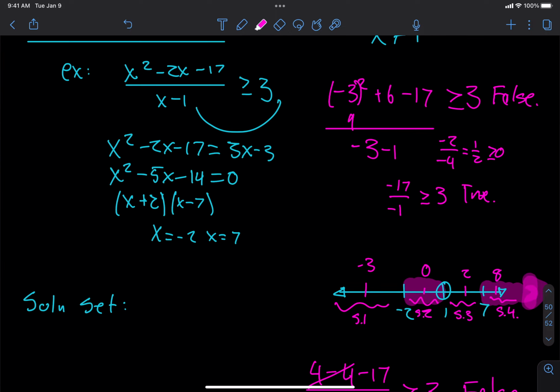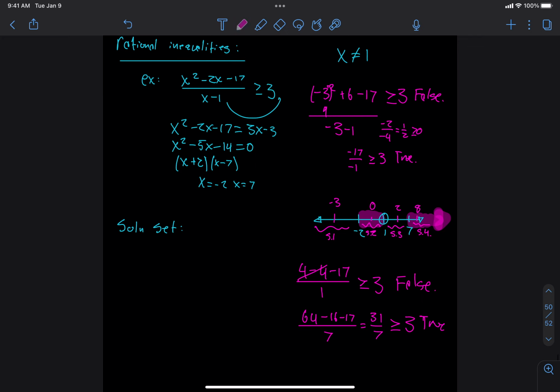And now I think we're finally ready to describe the solution set of this rational inequality. It's going to be all of the numbers which are between -2 and 1. We are not going to include 1 because it is not defined for x equals 1. How about -2? Are we going to include -2 or exclude -2?